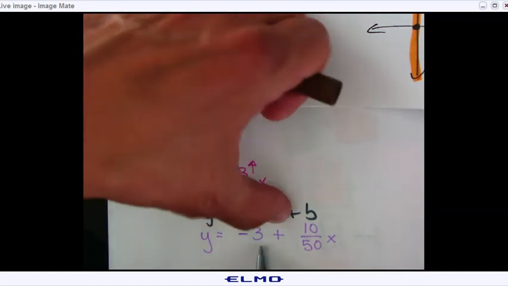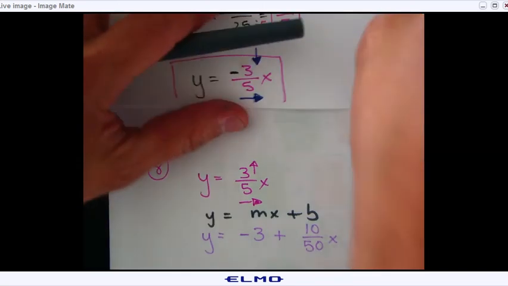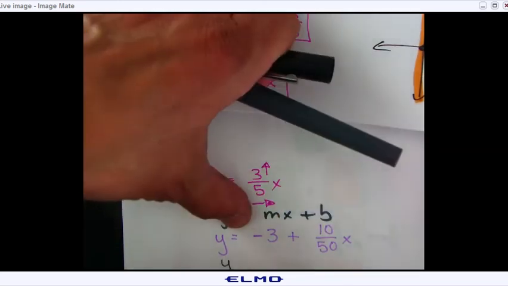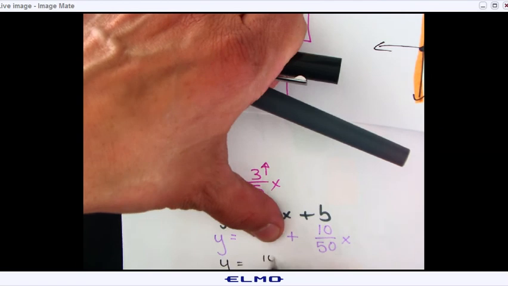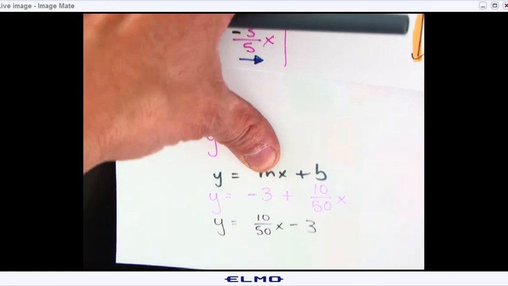Hey, mister, they're switched. Can I switch them? Yeah, you could switch them because you're not doing what you do on one side, you have to do to the other. You're just switching them because they're all on this side of the equal sign. So you're rearranging. That's what it's called. So it's going to be y is equal to 10 over 50x minus 3. Okay? Minus 3.